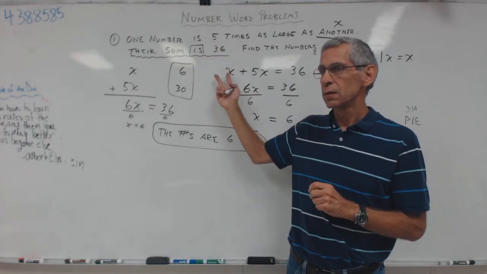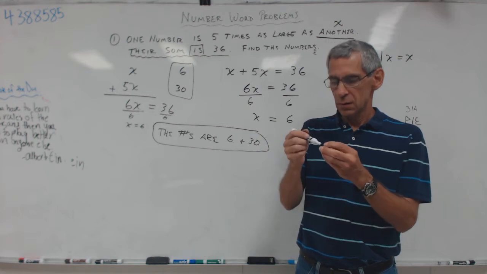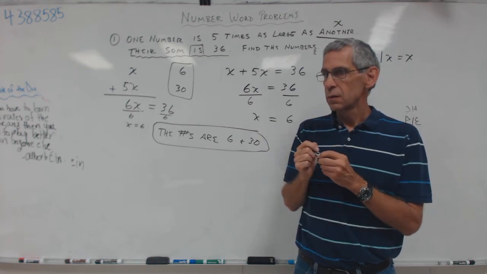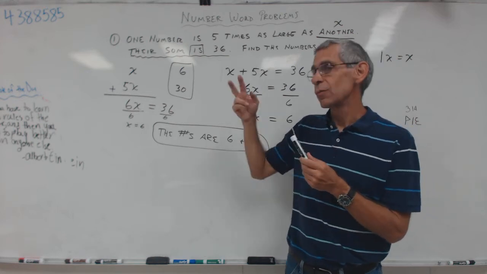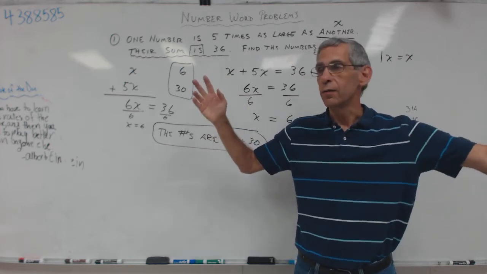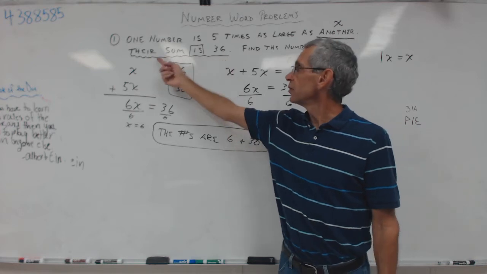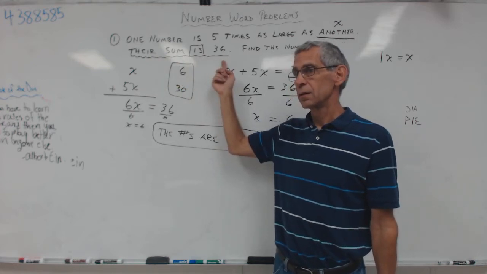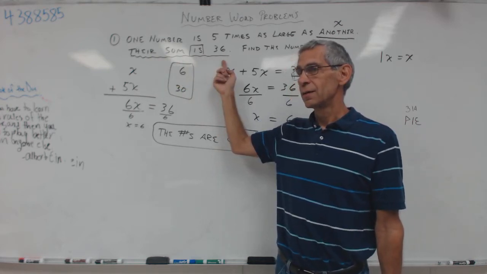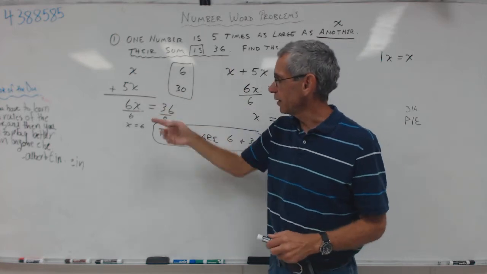It says their sum is 36. The 7.2 plus 7.2 times 5 does not equal 36. Their sum is 36. See what I'm saying? I get it. So that's why you've got to set it up like this.